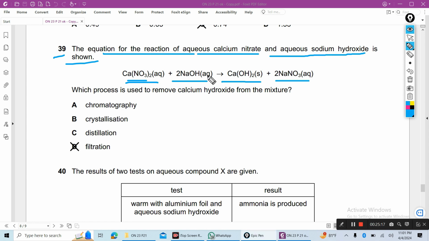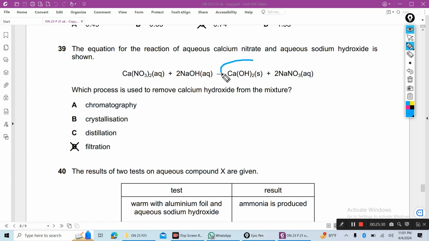So the question asks which process is used to remove calcium hydroxide from the mixture. Filtration is needed. By filtration you can remove solid calcium hydroxide from this mixture. Crystallization is not, distillation no need. Answer is filtration.